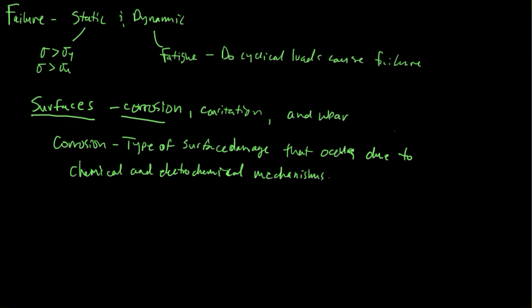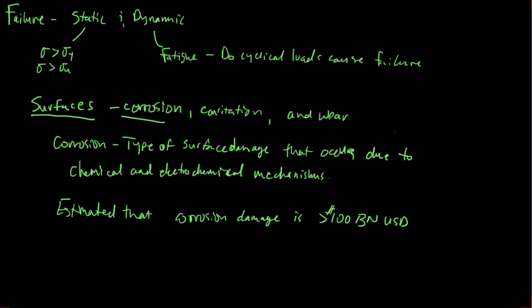Usually those electrochemical mechanisms have to do with the environment that the surface is placed in. It's estimated that corrosion damage accounts for a pretty considerable amount of cost, greater than 100 billion US dollars per year.